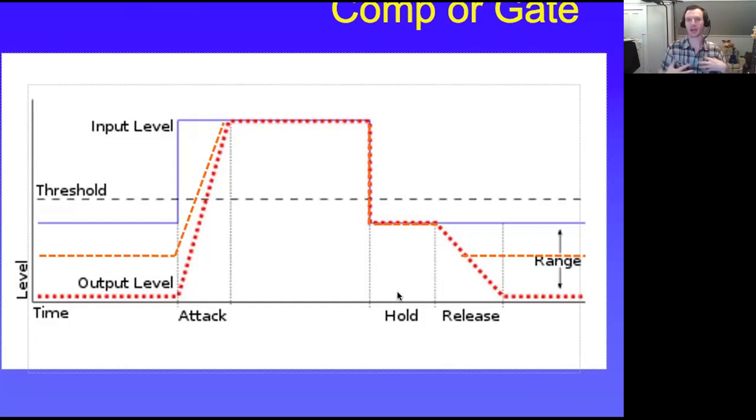But if it went shh, and it sort of swelled up, that hold time allows the gate to go, is something else going to come in? Oh, something else came in, so it's still open.